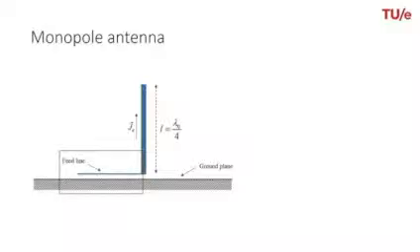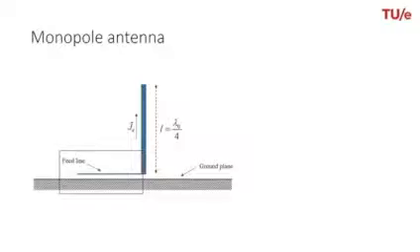Monopole antennas can also be fed, for example, very easily by a coaxial cable. So then the inner conductor is extended to a quarter wavelength monopole, and the outer conductor is connected to the ground plane, for example. Now the ground plane can be seen in practice as what is known as the image concept.